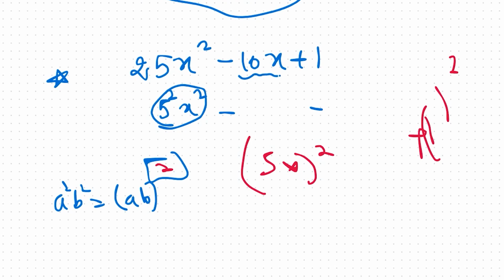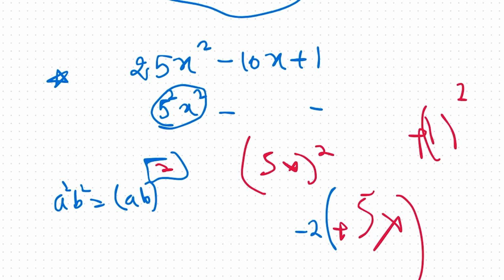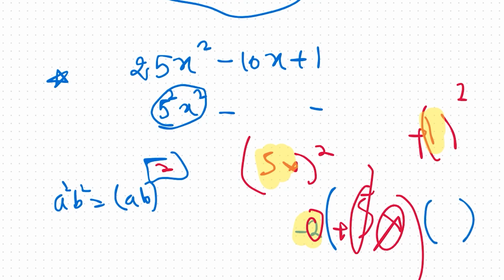Just take out 2 from here. It is appearing in the form of a square plus b square minus 2 into a into b. What is b? 2 into a into b is how much? Just 1.